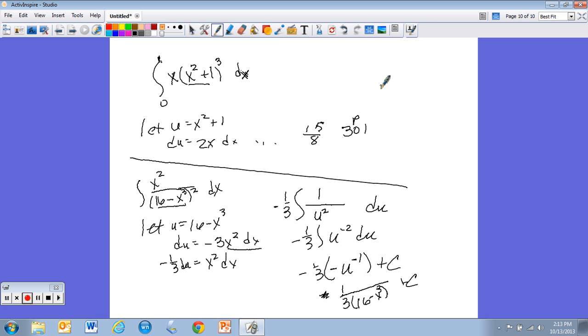Y'all should have a lot of time to try problems from page 304 and 305, and we've done enough that you can do anything from these 2 pages. So I would avoid any problems that talk about slope fields because, well, I'm saving that till later. So if you see the word slope fields, then you might be like, what?